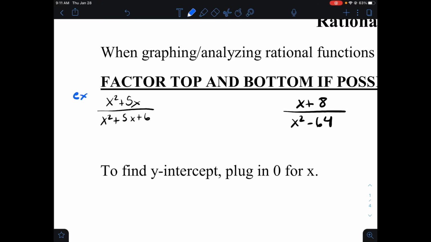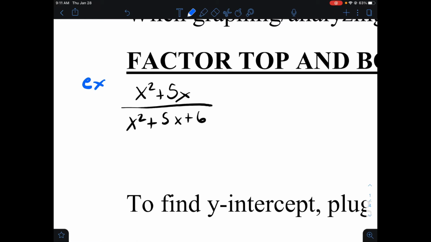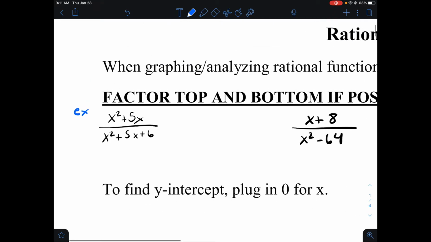Our first example is x squared plus 5x all over x squared plus 5x plus 6. We need to make sure that we factor everything. On the top, we've got two terms, so we can take out a GCF. We take an x out, and we get x times x plus 5 on top.